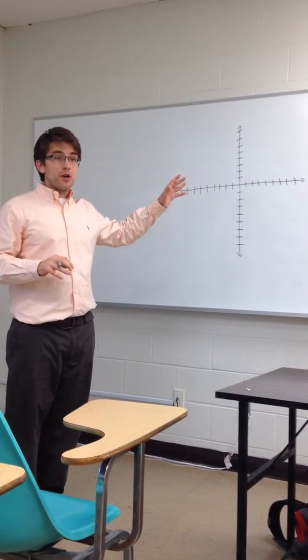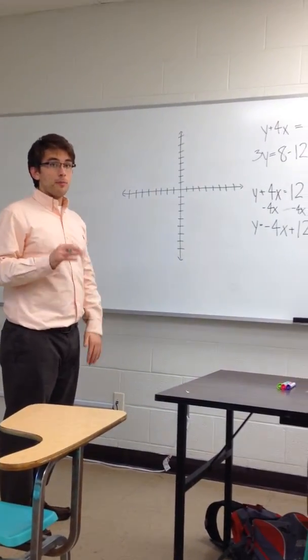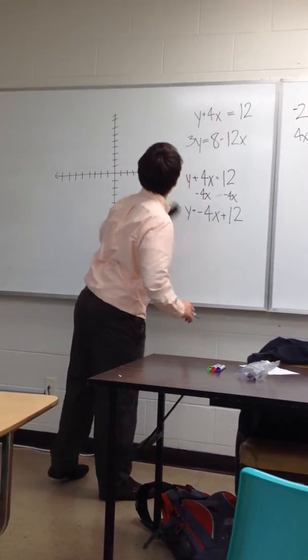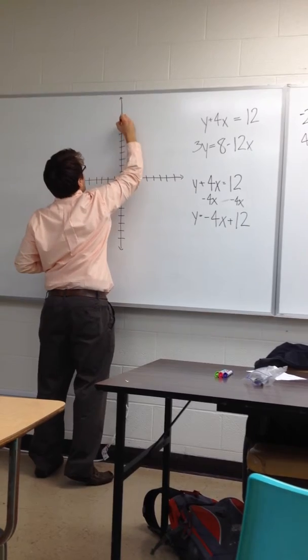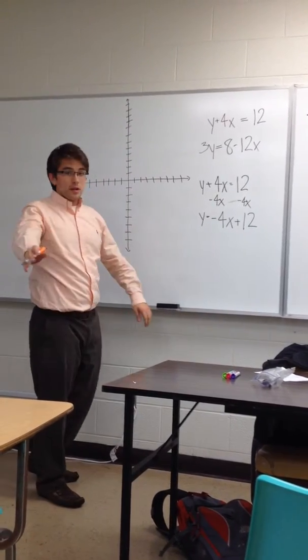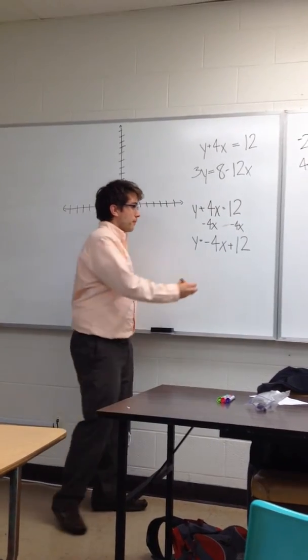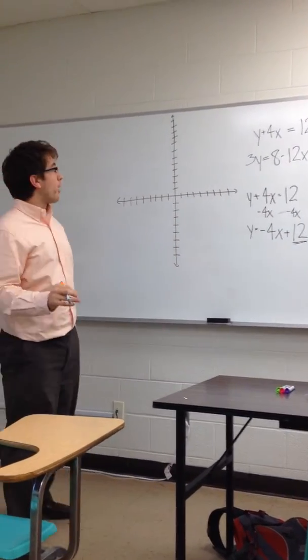Now as I draw this on the graph, I have to first label my y-intercept. Since 12 is out here by itself with no variable attached to it, it is going to be my y-intercept.